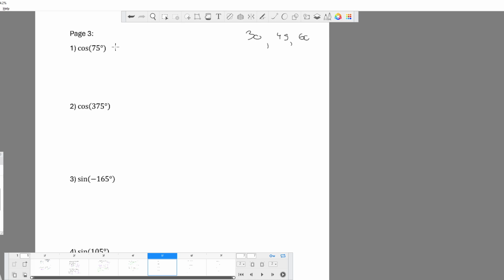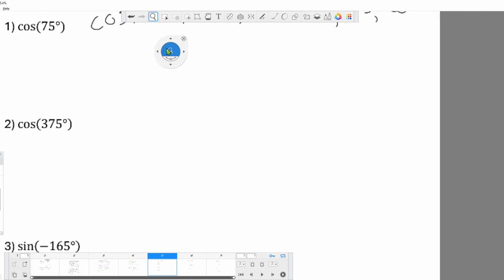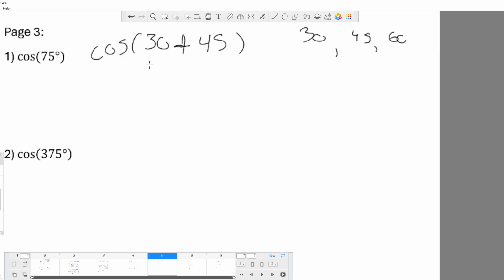And so I think what we can do is say that this is cosine of 30 plus 45. And then from that, we could crunch the numbers and see what that would be.